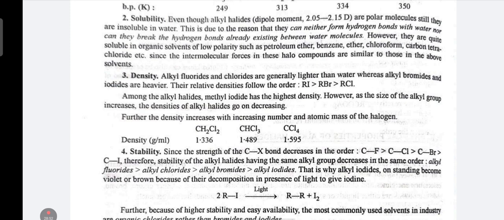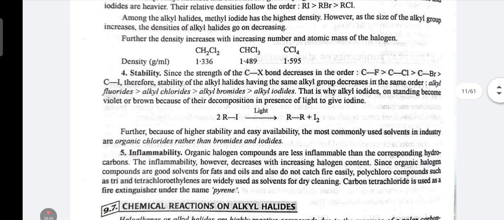Now we will see the stability. Since the strength of the C-X bond decreases in the order C-F, C-Cl, C-Br, C-I, the stability of alkyl halides having the same alkyl group decreases in the same order: alkyl fluoride, alkyl chloride, alkyl bromide, alkyl iodide.